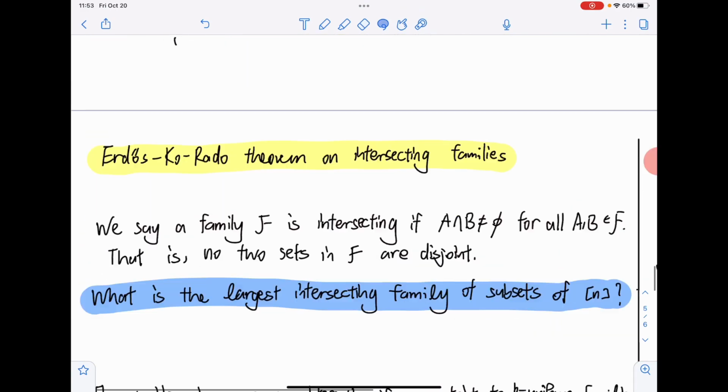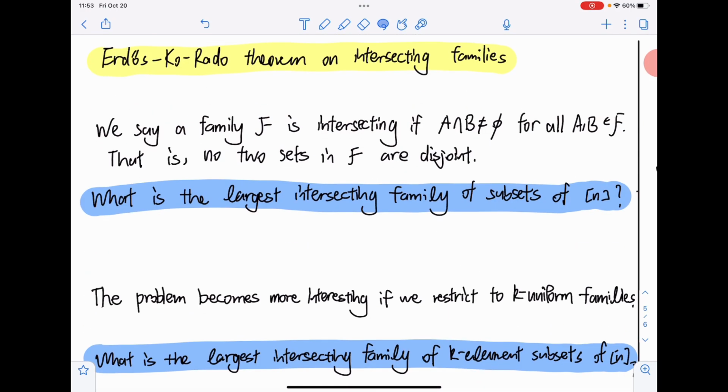And for the last thing in this section, we're going to talk about the Erdős–Ko–Rado theorem on intersecting families. We say that a family F is intersecting if no two sets in this family are disjoint. Here's an easy warm up.